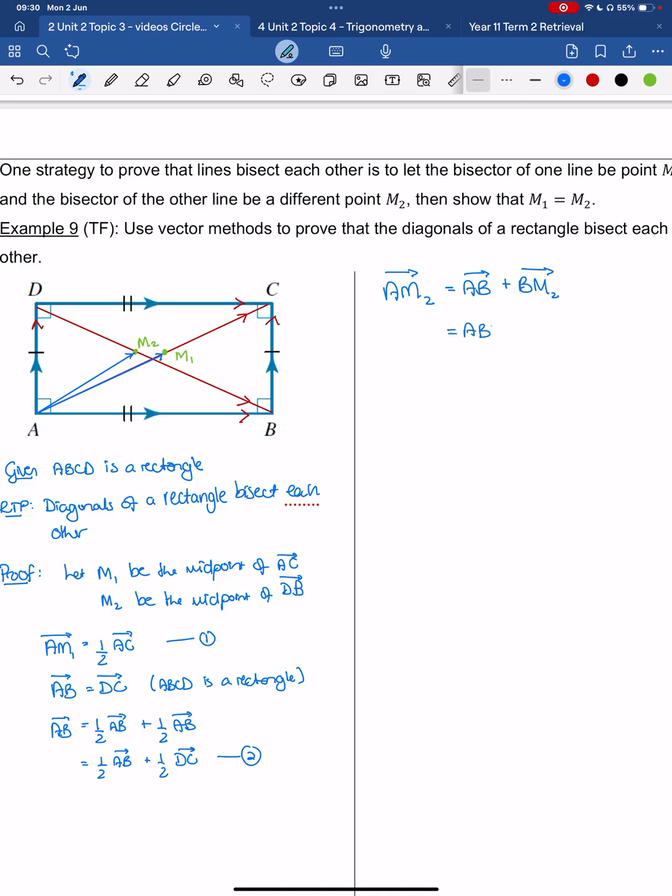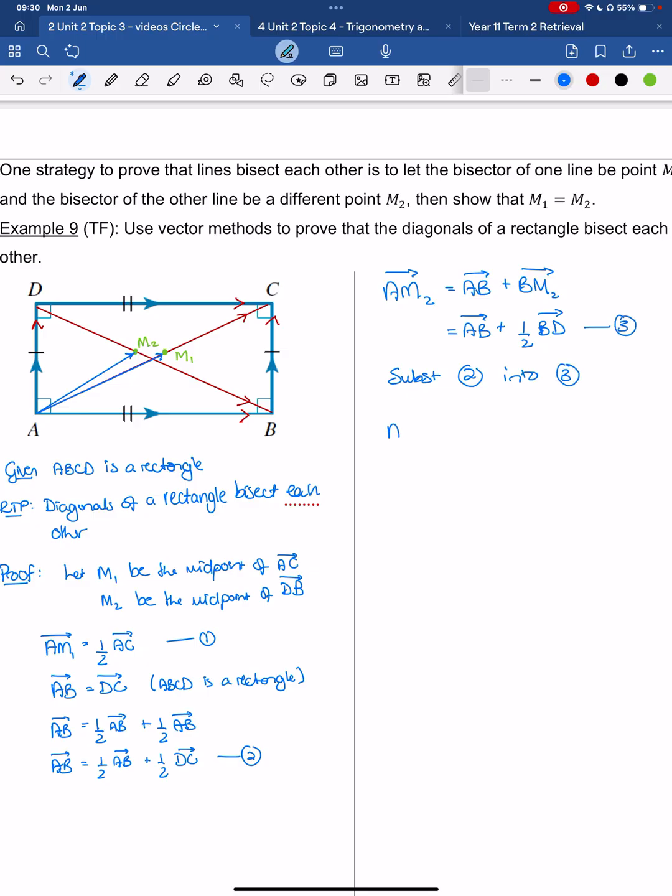So AB plus half of BD. Now, I can substitute 2, because AB is half AB plus half DC. Let's call this one 3.